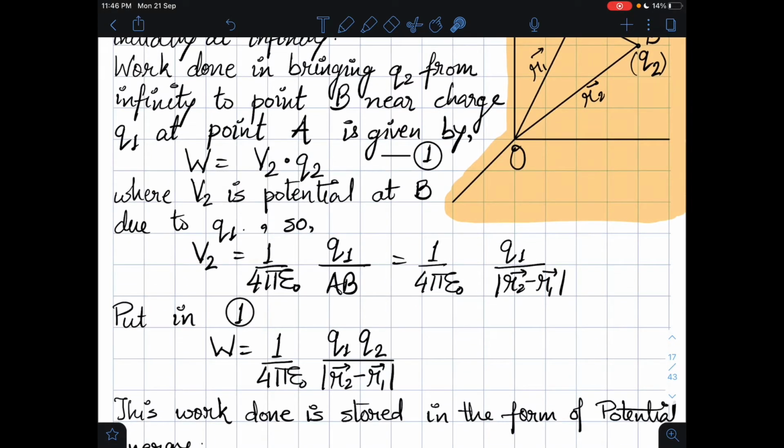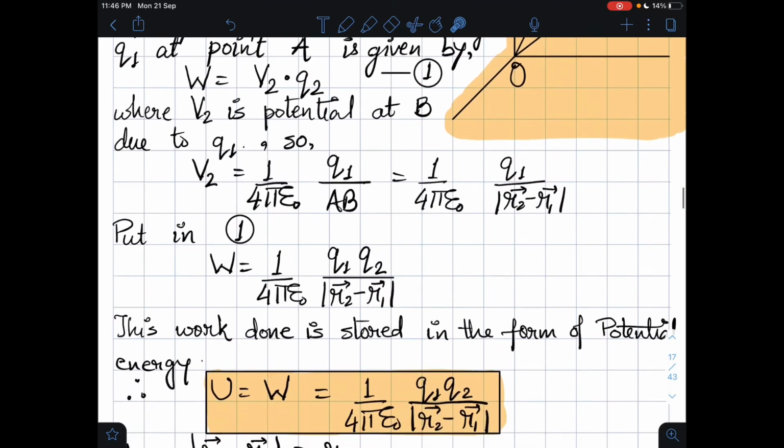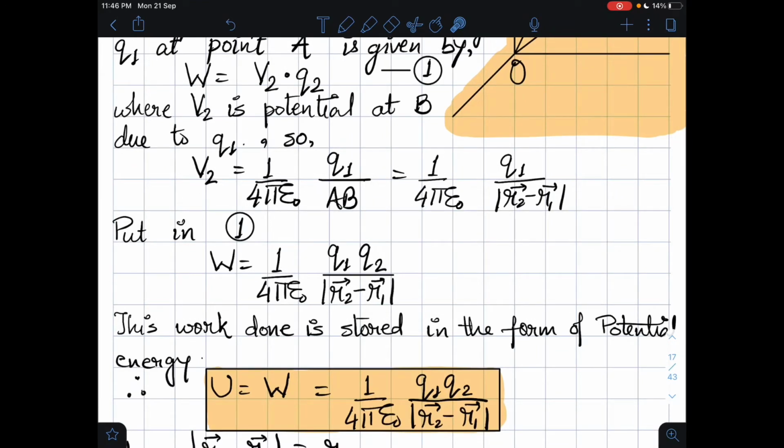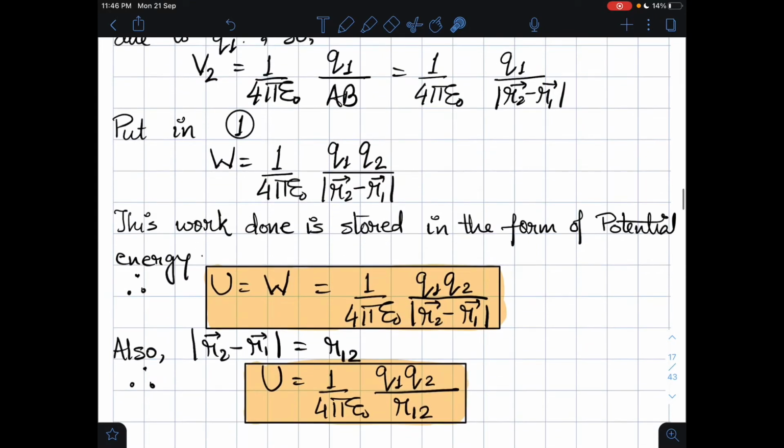If I put in equation number 1, our work done becomes 1 upon 4 pi epsilon naught q1 q2 upon mod of r2 vector minus r1 vector, and this work done is stored in the form of potential energy. Therefore potential energy becomes 1 upon 4 pi epsilon naught q1 q2 upon mod of r2 vector minus r1 vector.